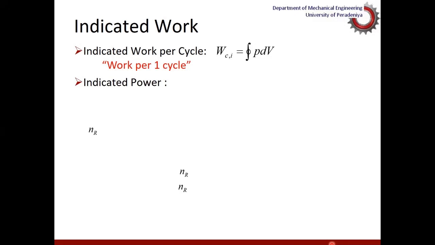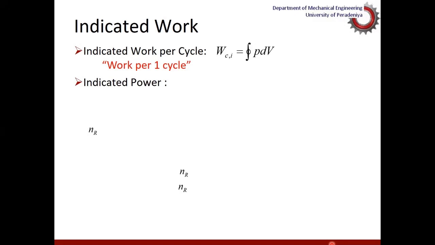If it is a two-stroke engine, how many revolutions are required to complete the engine cycle? One revolution. If it is a four-stroke cycle, how many revolutions are required to complete the cycle? 2 revolutions.